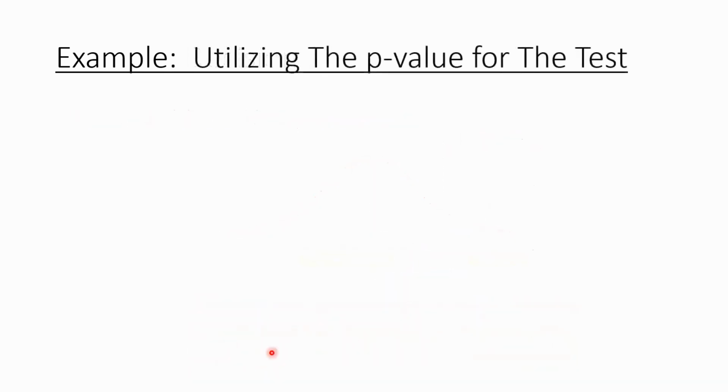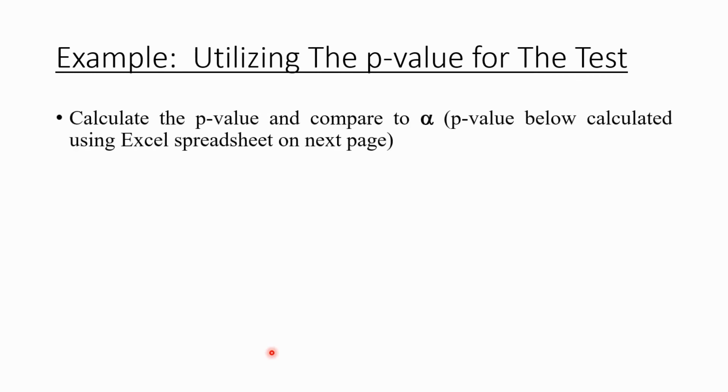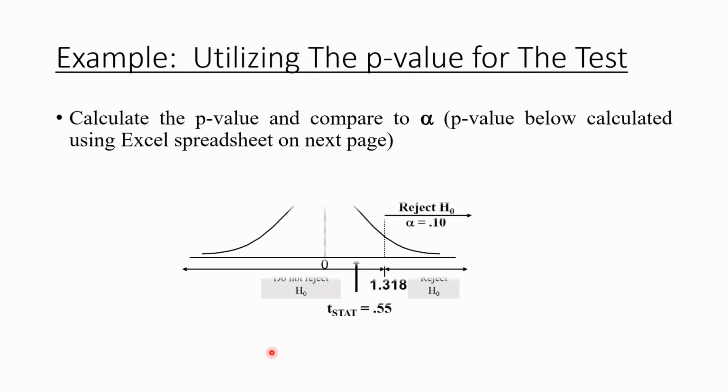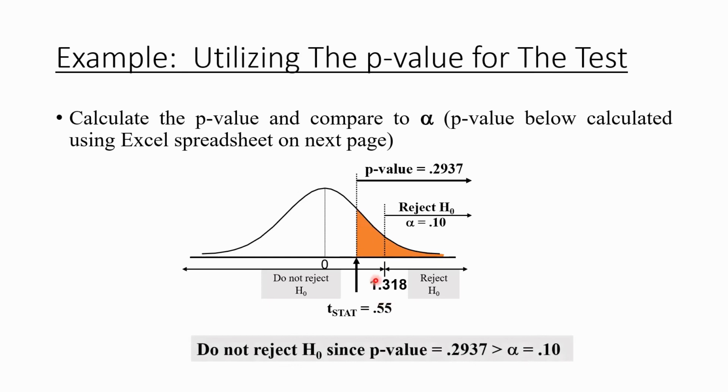Right, the last section under this is where we look at the example from the p-value approach. In the p-value approach, you calculate the p-value and compare it to your level of significance. So this is the graph we had. You calculated your t-stat, which is 0.55. Now you calculate the p-value corresponding to this t-test statistic.